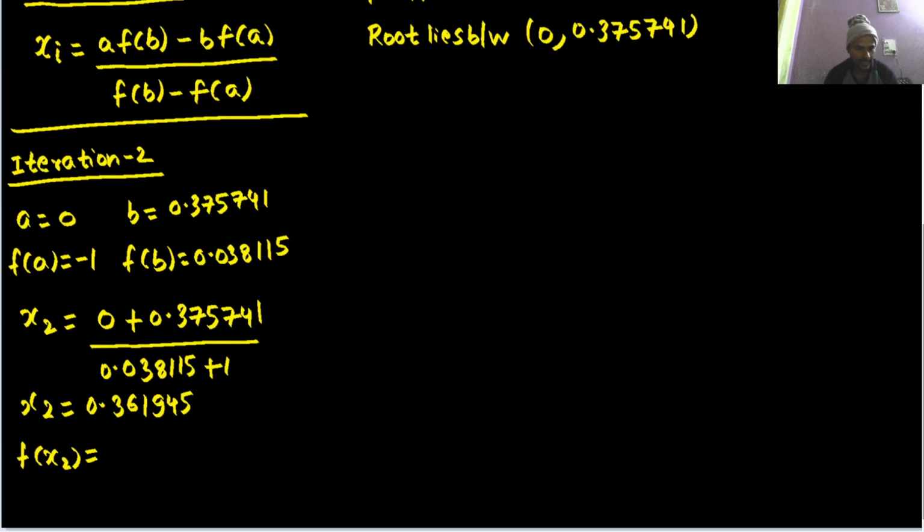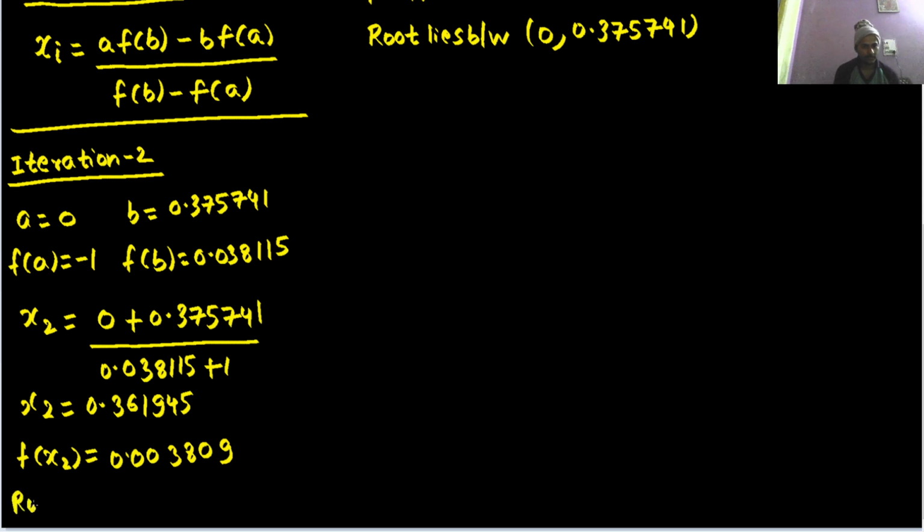So 3 into x, which is 0.361945, plus sine of same thing, 0.361945, minus e power 0.361945, and this has come out to be 0.003809.